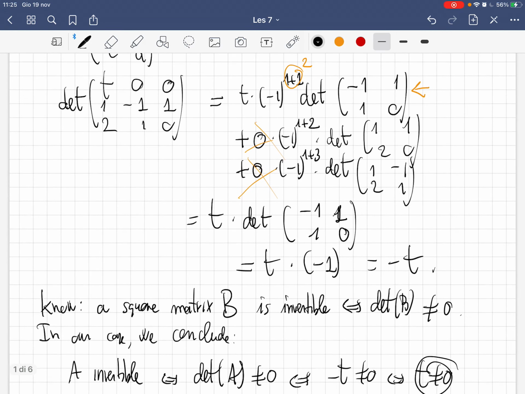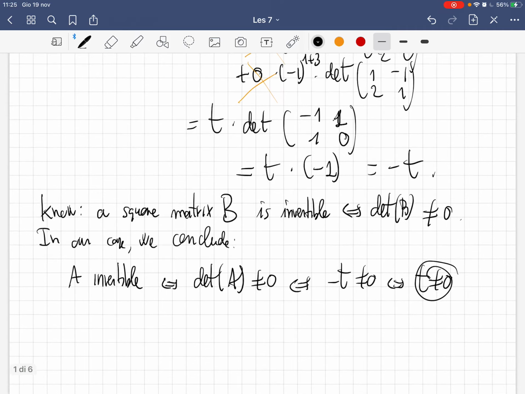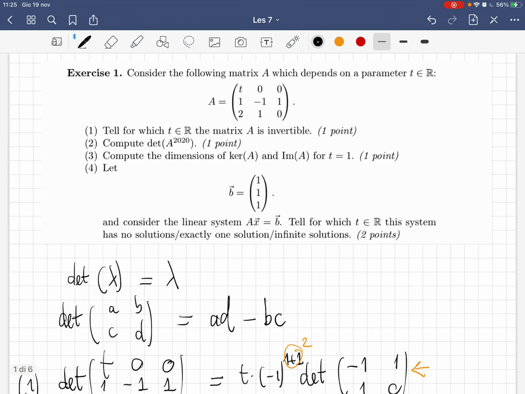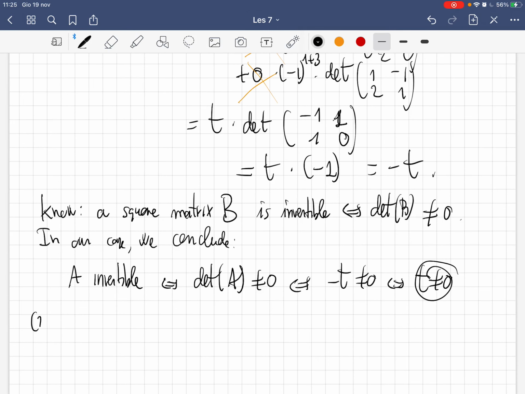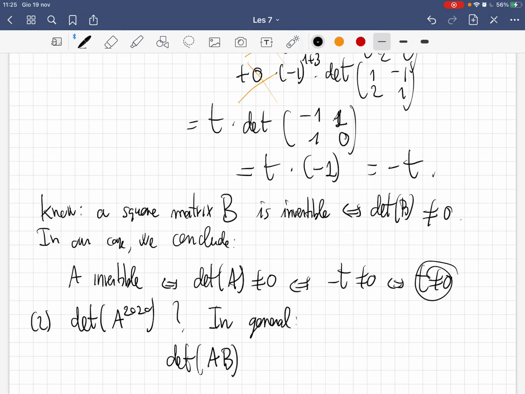Let's see the second one: compute the determinant of A to the 2020th power. Well, you have a formula in general, namely that the determinant of a product is the product of the determinants.